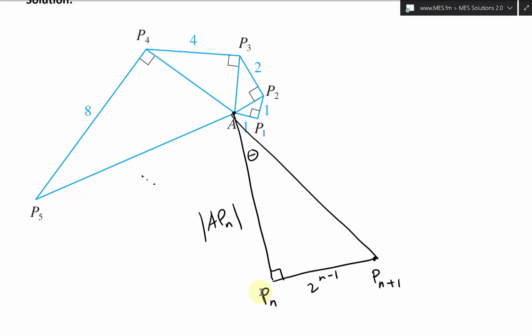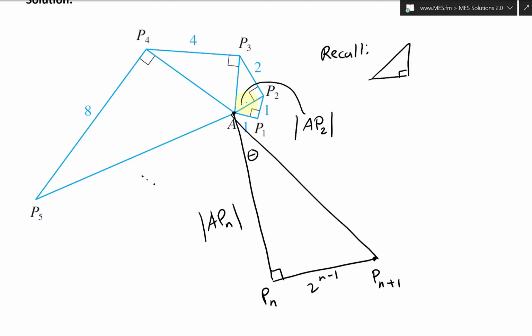And just note, we can calculate this right here using the Pythagorean Theorem. This distance is AP2, like this.